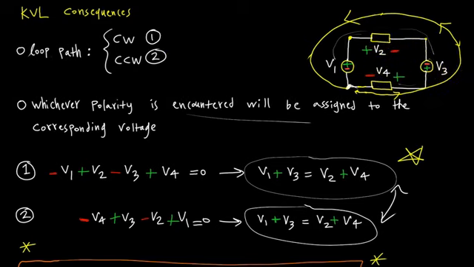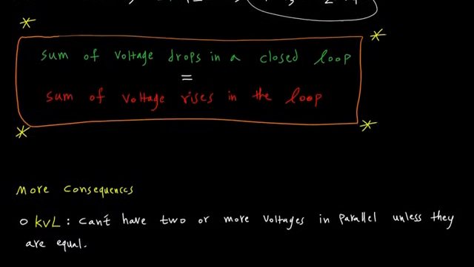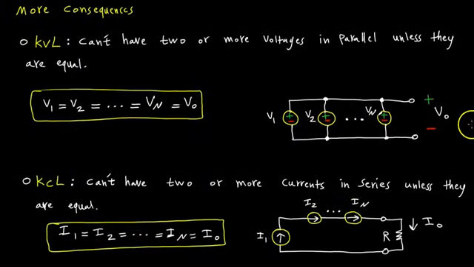Okay, so now let's go ahead and see some more interesting results. In terms of KVL, what if we have a bunch of voltage sources V1 to Vn connected in parallel? Can we have V1 be, for example, 10 volts and V2 be 20 volts? Well, according to KVL, for it to hold true, voltage sources in parallel must be equal to each other.